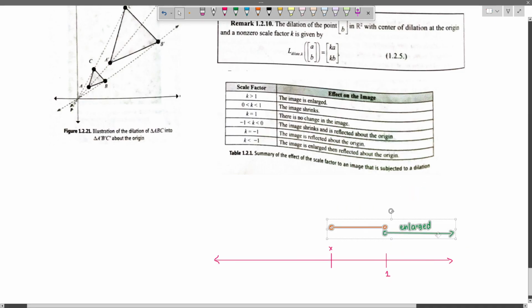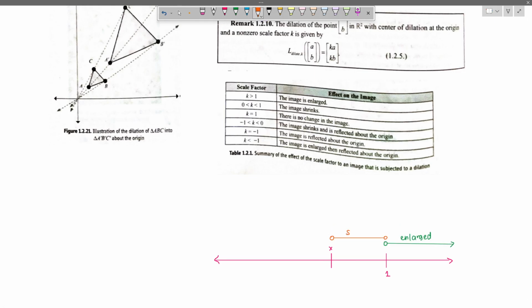If it's 1 exactly, no change. And then if it's between -1 to 0, then the image will shrink and be reflected about the origin.